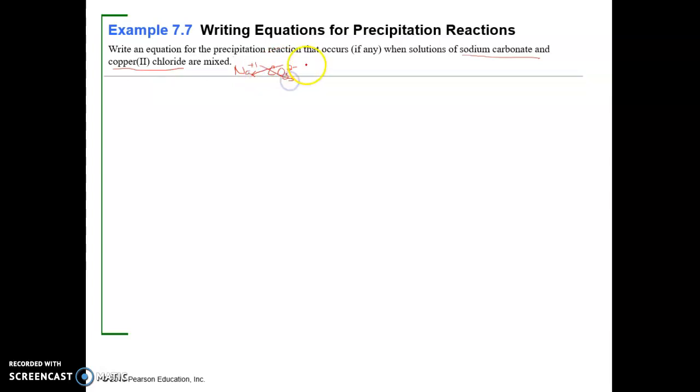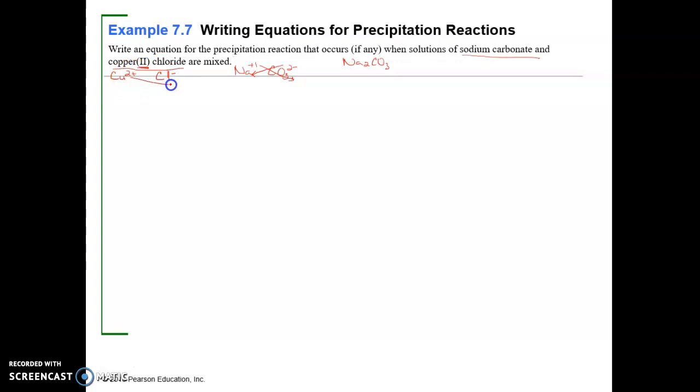All right, so I would start out with Na2CO3. All right, and it says we're mixing with copper 2 chloride. All right, copper, this 2 here implies that it's Cu2+, and we know that chloride is Cl- because it's in the -1 row.